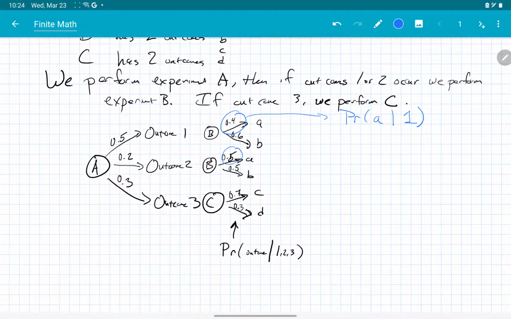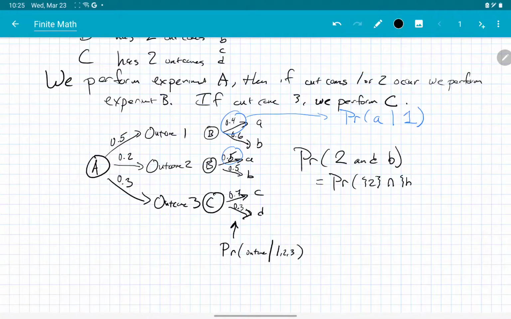So now I'll show you how we compute with these. If we wanted to find out the probability of having outcome 2 and outcome B, this is the probability of the set with 2 intersected with the set with B. And if we switch around the conditional probability equations, we could get this expression.